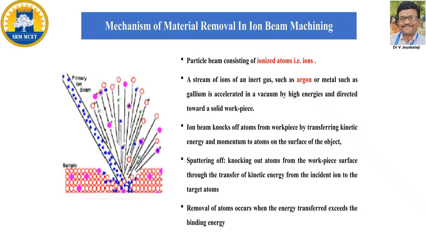So let us see how the ion beam machining mechanism works. The particle beam consists of ionized atoms. The stream of ions of an inert gas such as argon, or a metal such as gallium, is accelerated at high velocity in a vacuum by high energy and directed towards the workpiece.